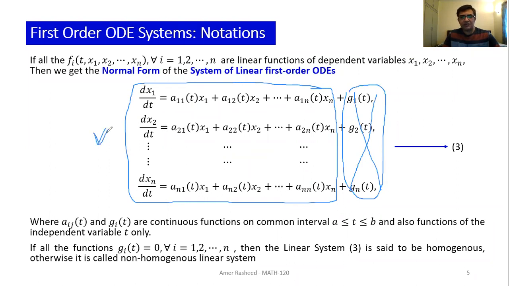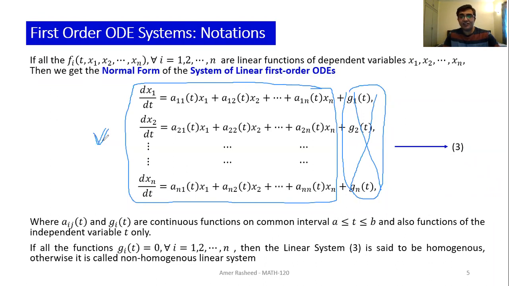We call it that just to recognize which systems are homogeneous, because when we discuss the methods of solution, the solution of a homogeneous linear system we can find in a different way, and the solution of a non-homogeneous linear system has a different method.